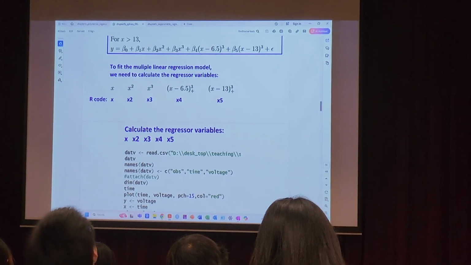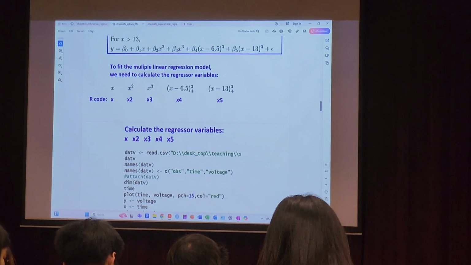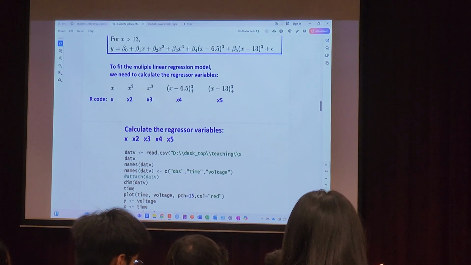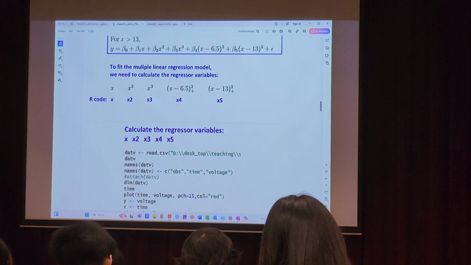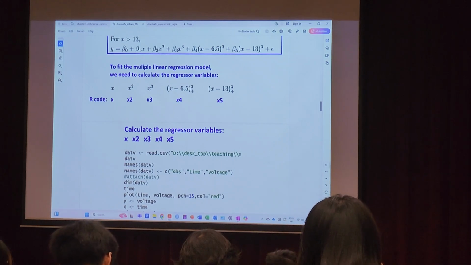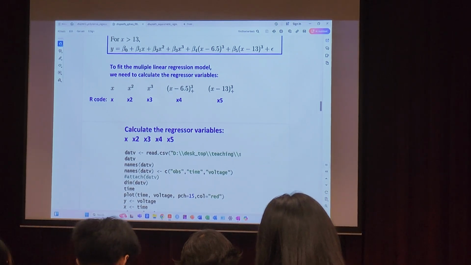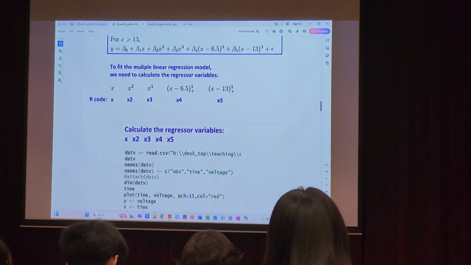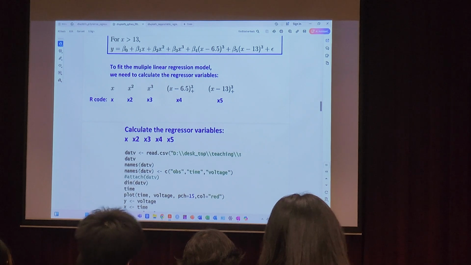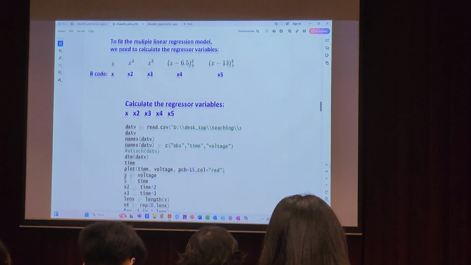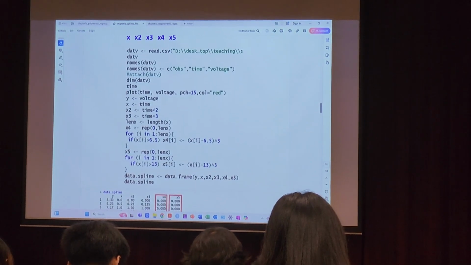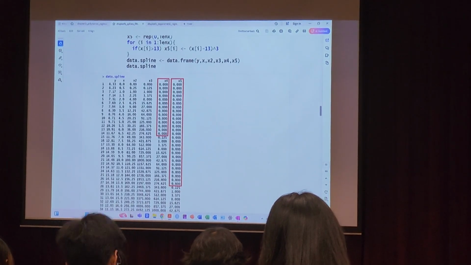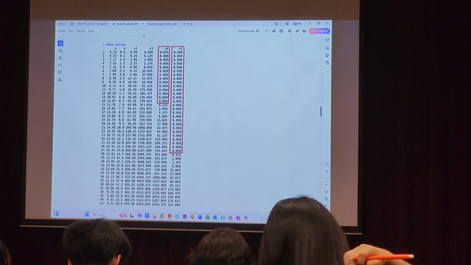Now what about X4? X4 is this. If time minus 6.5 is less than 0, X4 will be 0. If X is more than 6.5, then X4 will be X minus 6.5 to the power 3. Okay? That's the idea. And similarly for X minus 13. So here's the R code to get X4 and X5.